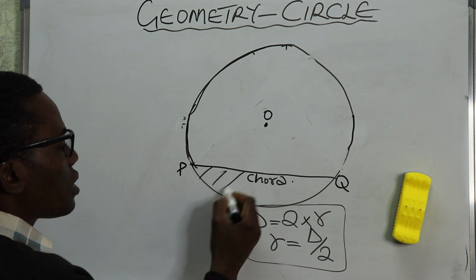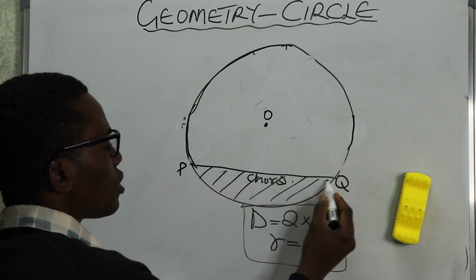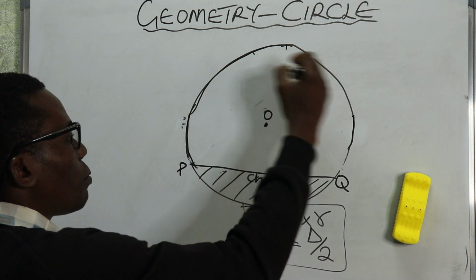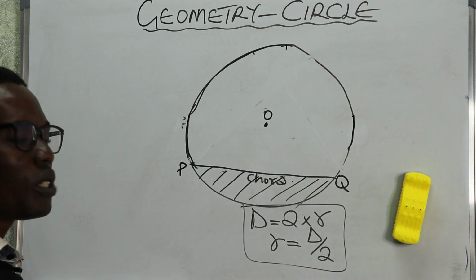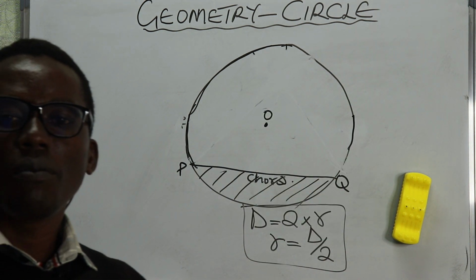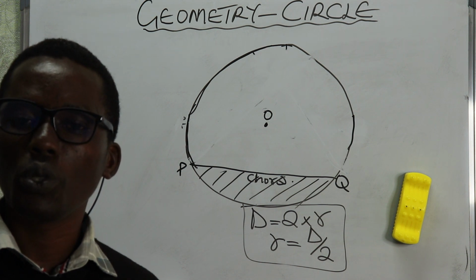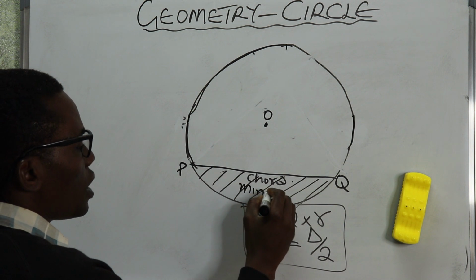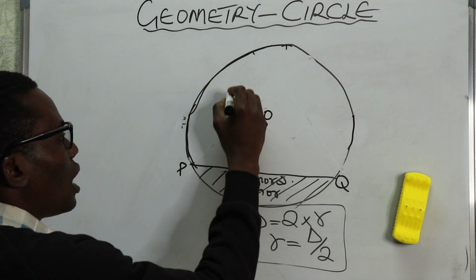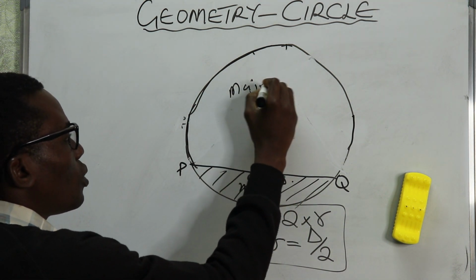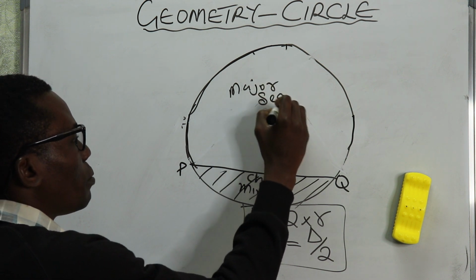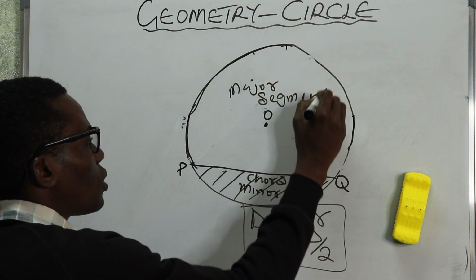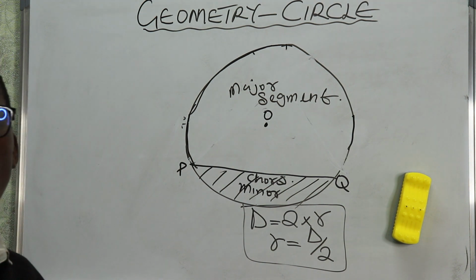We have this part, which is the smaller part, and we have the larger part. So this chord has divided this circle into 2 segments, and we have the minor segment and the major segment.